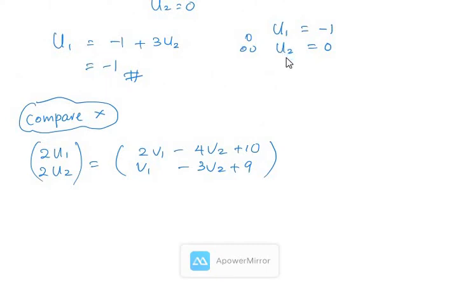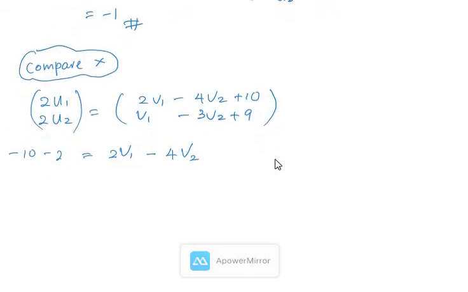So I substitute in this. And here I bring the 10 to the left, and I bring the u1 to the right. So I substitute in the value. So I get this one is negative 2 because u1 is negative 1. And then equal to 2v1 minus 4v2, minus 10. So I bring to the left hand side, I get minus 10.